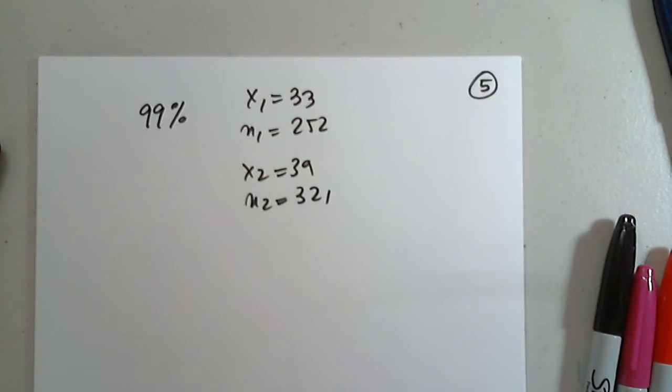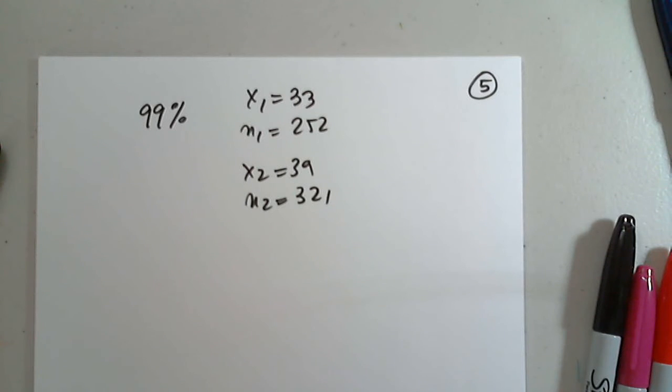Okay, so let's go back to stats and tests, and this time it is a 2-proportion z interval. Let's find 2-proportion z interval right here.